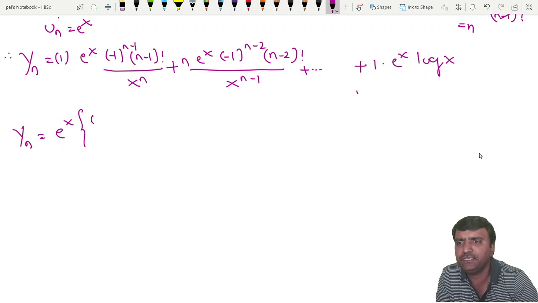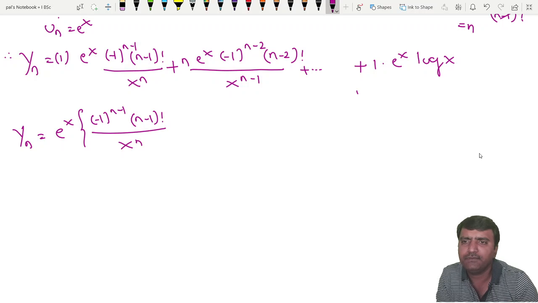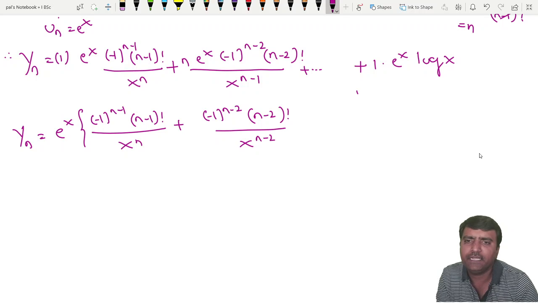It is minus 1 to the power n minus 1, factorial n minus 1 divided by x to the power n, plus minus 1 to the power n minus 2, factorial n minus 2 divided by x to the power n minus 2, plus and so on.